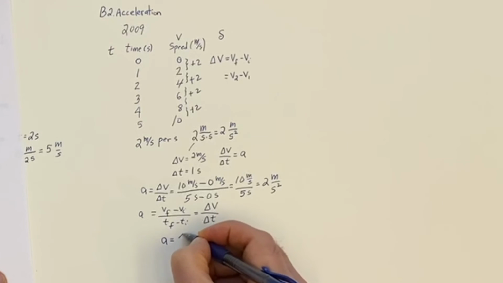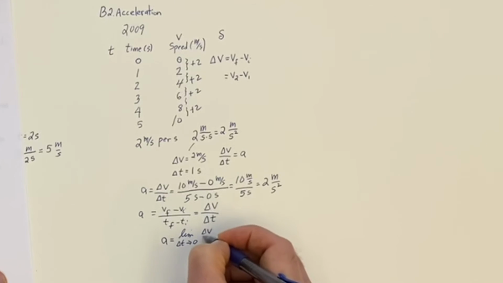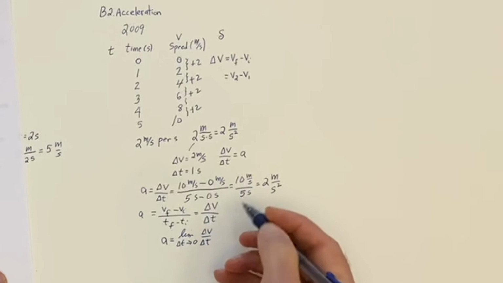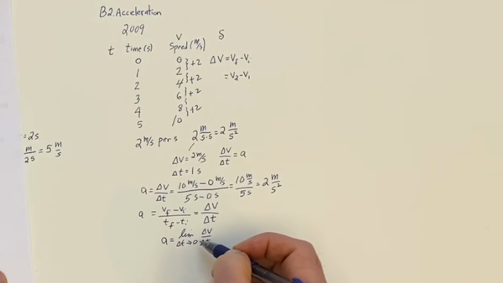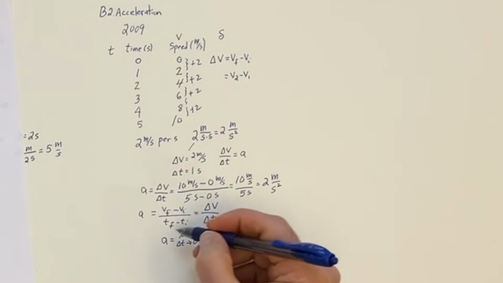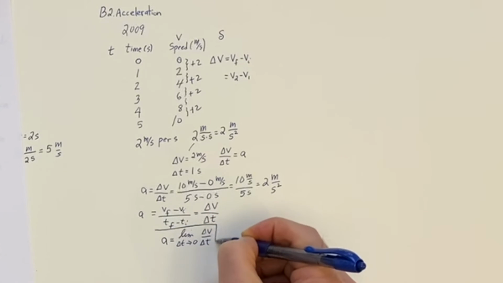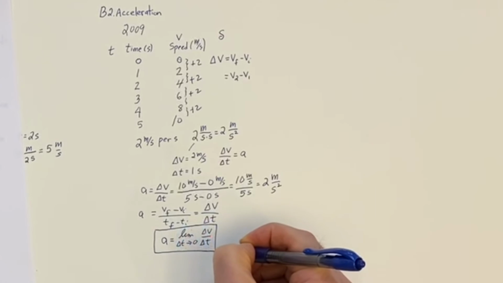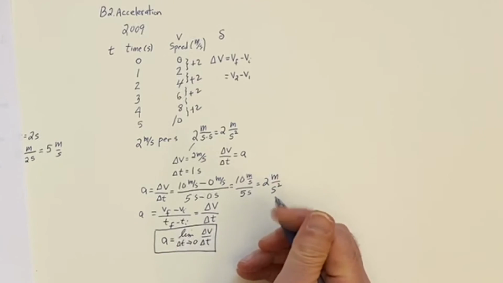So when we do that, we write the limit as delta t goes to 0 of delta v over delta t. Now in that limit, the delta t will become 0 and the delta v will, but the ratio will not be. And that's very important. We don't divide by 0. We're looking at the instantaneous acceleration.